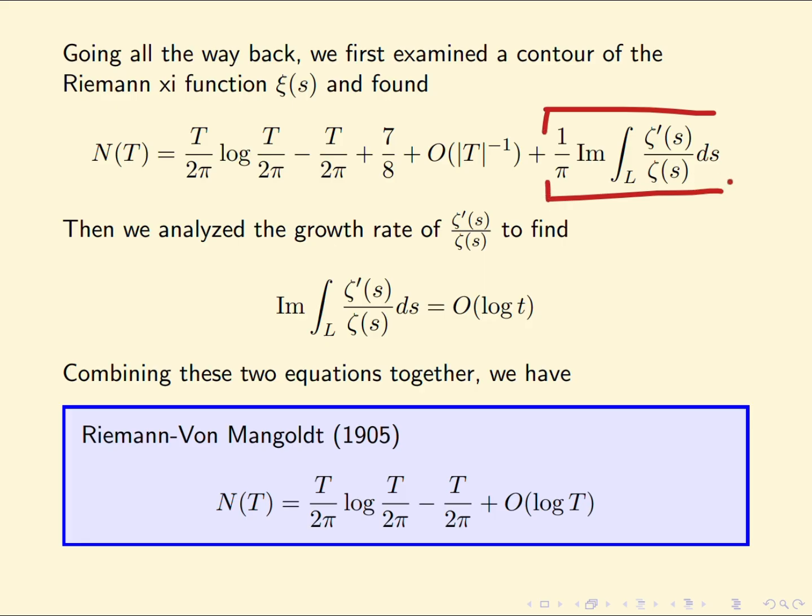And then we found that this section is O of log of t, and therefore you just combine these together. If you replace this with O of log of t, then you can cancel out this 1 over pi because the big O doesn't care about constants, and then this thing grows slower than O of log of t, and so does this 7/8. So finally, we have proved the Riemann-von Mangoldt equation.